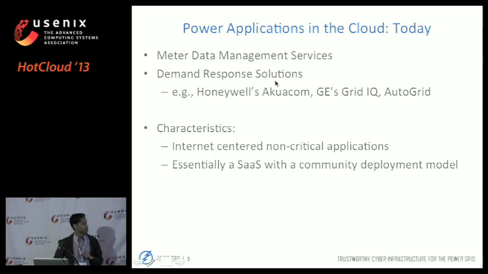And demand response solutions, where you're responding to price signals and changing your usage of power. There are already services on the cloud: Honeywell's Aquacom, GE's GridIQ, AutoGrid, and lots more. IBM and Microsoft are also players in this space. So these things have already moved to the cloud, and that's not an issue. The characteristic of the applications that moved is that they were already internet-centered, and they're not critical for the power system itself.